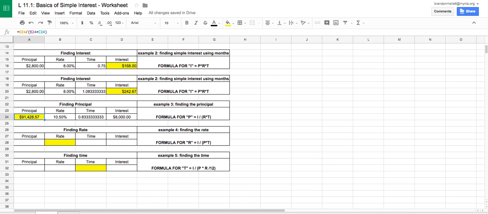The reason we do the parentheses is we're indicating in the formula what needs to be calculated first before we divide this number out. So it's important that you put the parentheses in there so the formula knows what order of operations to perform.